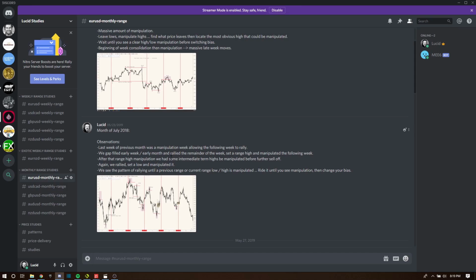So seeing it in the past, like, for example, when you buy a new car, okay, and then you see that car more often, okay, because it's your car. You have the same car, so your brain is kind of like, oh, hey, that's my car. So when you see these setups form, you're like, oh, hey, there's that setup I marked out. Like I've seen this happen before, and you can act on that.